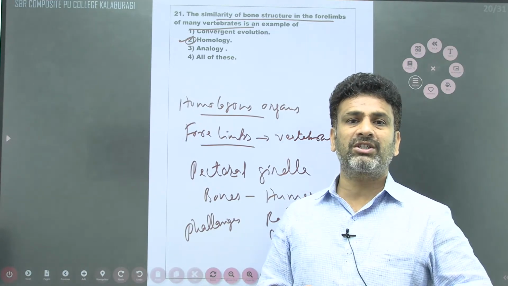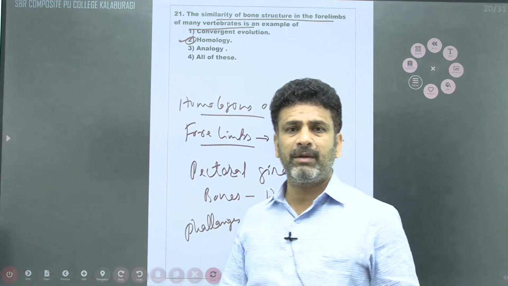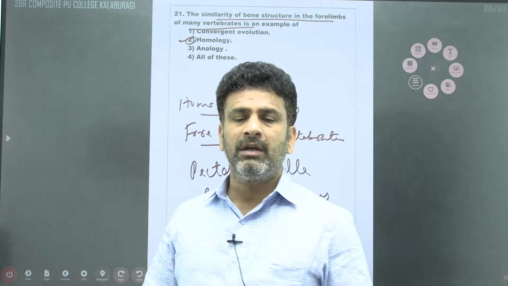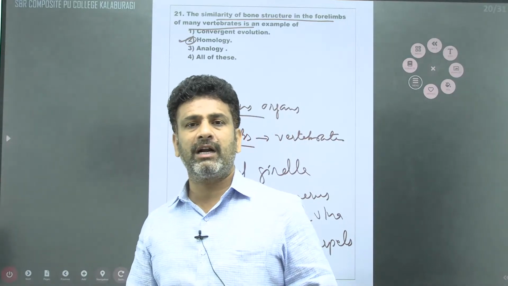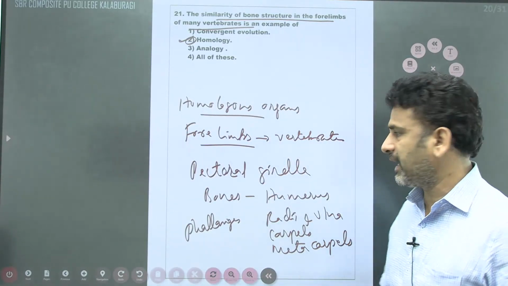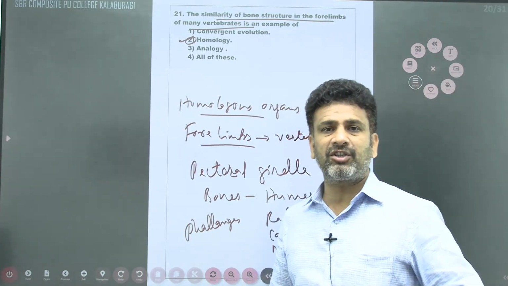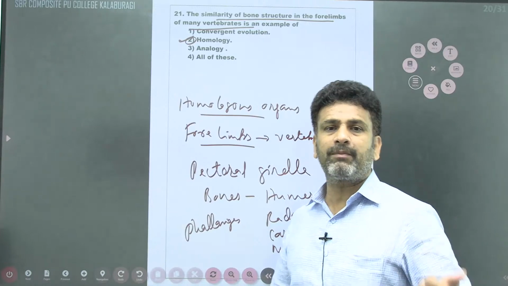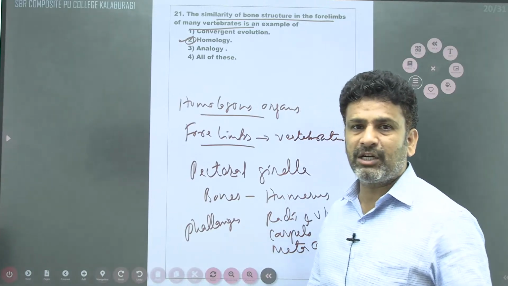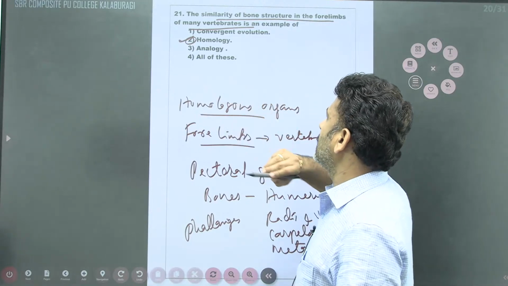Likewise, the forelimbs of human beings are modified into arms, which are well adapted for holding various objects as well as performing various activities. So the structures are the same, the origins are also the same, but their functions are different. That may lead to adaptive radiation, and adaptive radiation may lead to divergent evolution. So that's why the second option is correct.